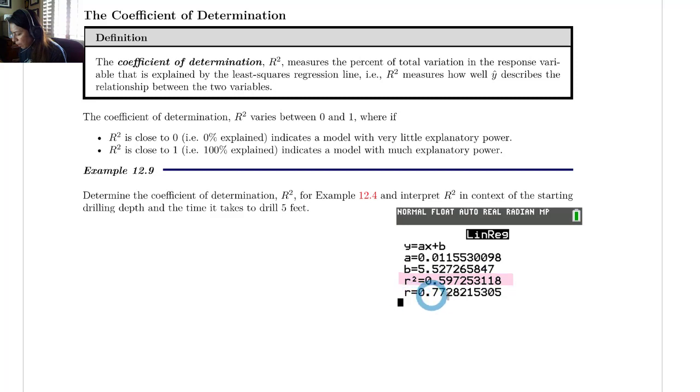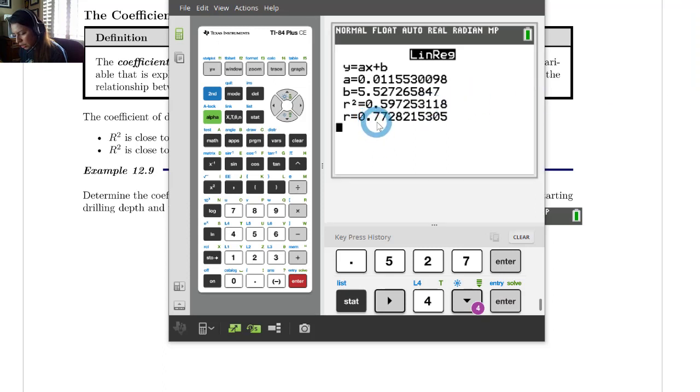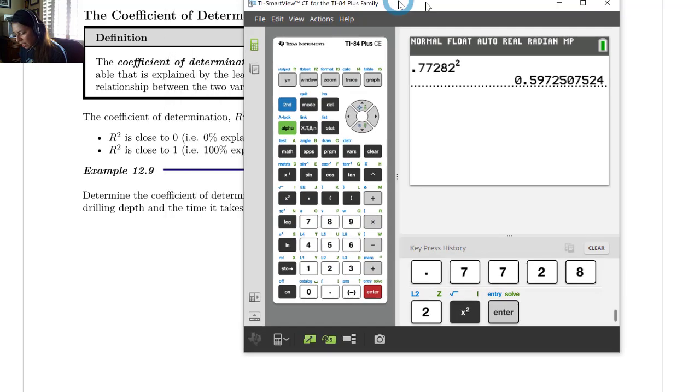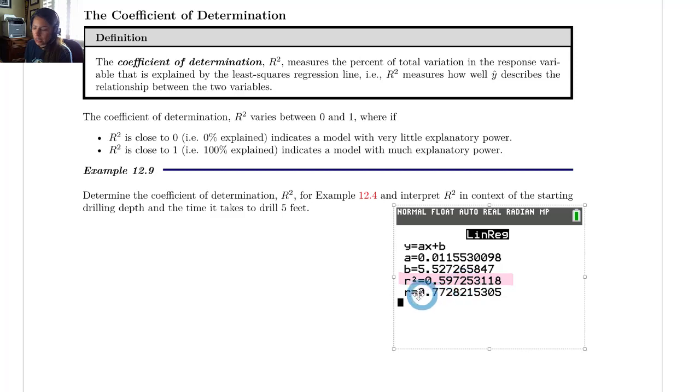So if I took 0.7728 and squared it, notice I get the r squared, 0.59725, pretty close, right? Because I rounded. But essentially all the calculator does for you in this LinReg is take the r and square it, and that's what it displays. It's literally r squared.